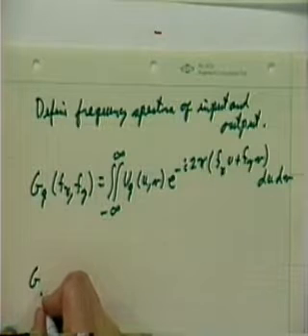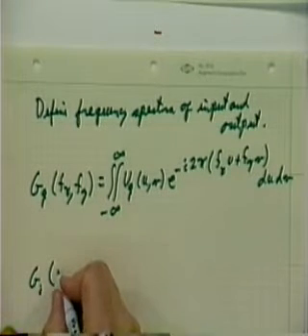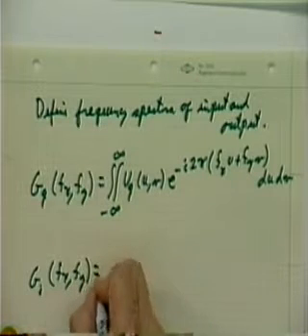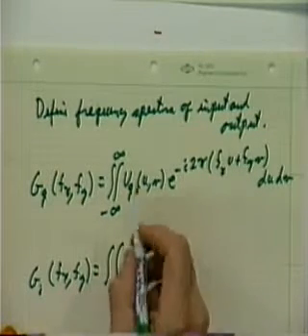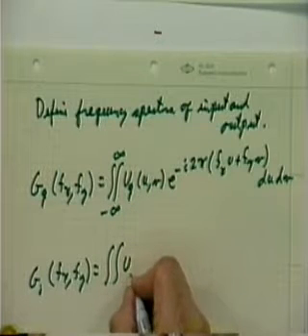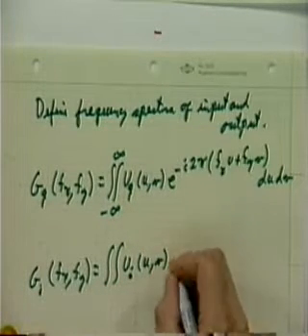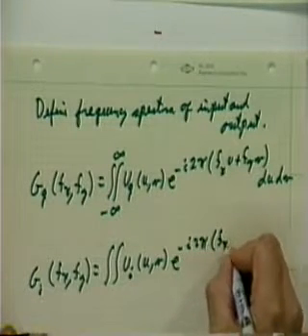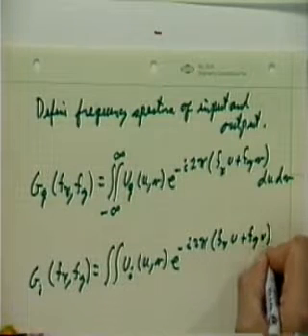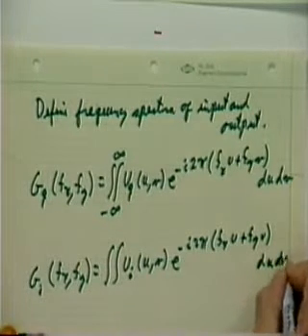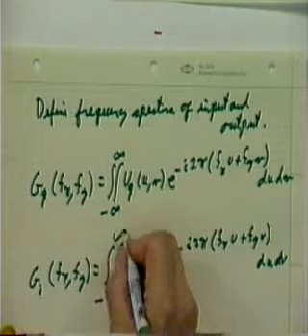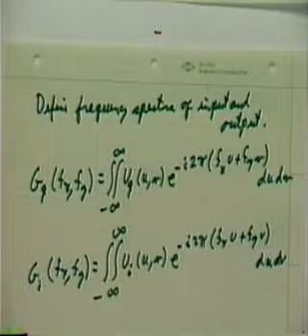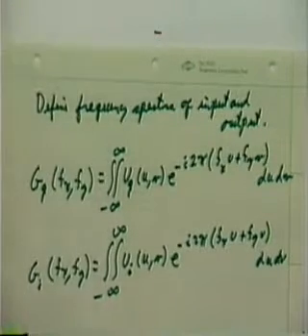The spectra of the real image, G sub i of f sub x, f sub y, is going to be the same, except u sub g will become u sub i, e to the minus i 2 pi, f sub x u plus f sub y v. Okay, so that's the spectra of the input and output.